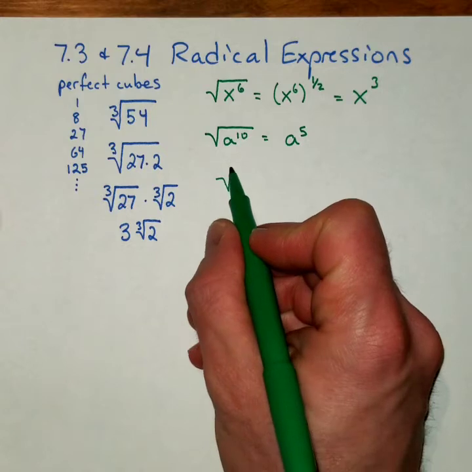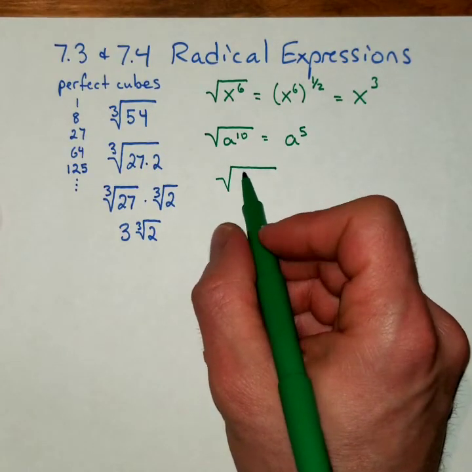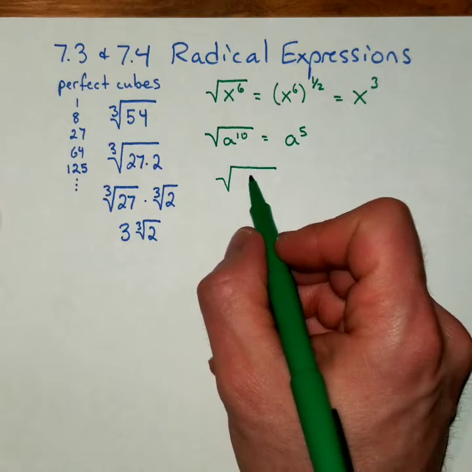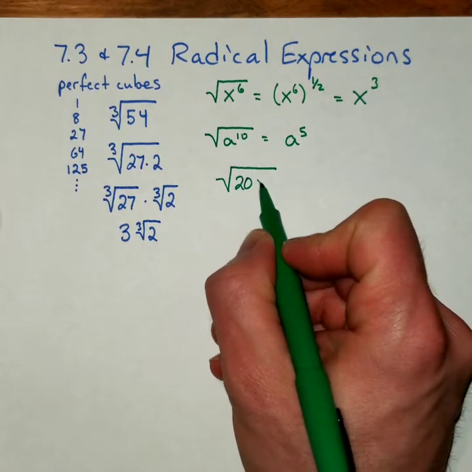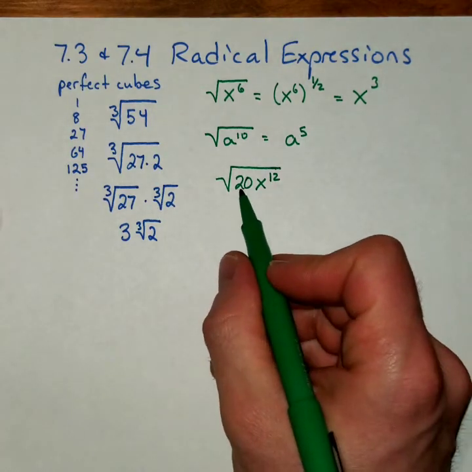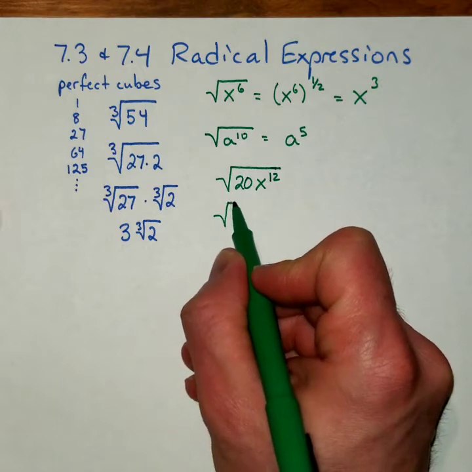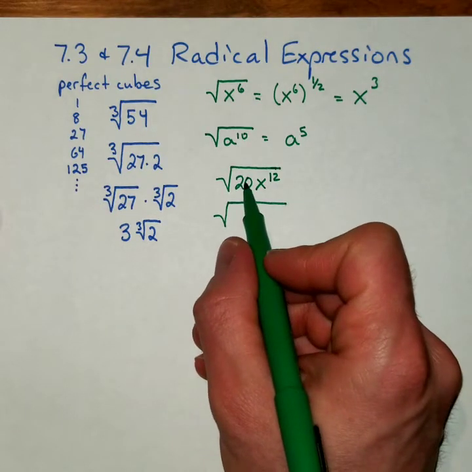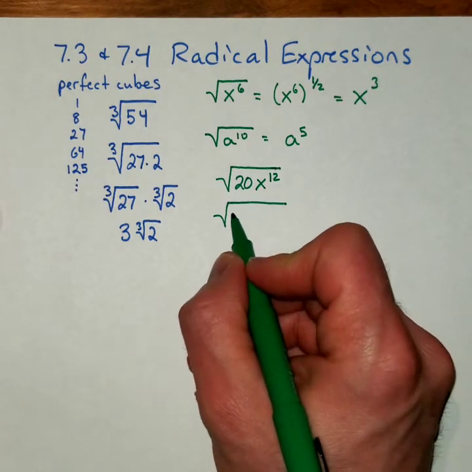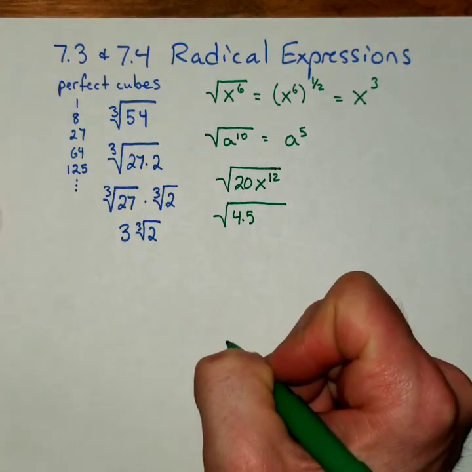The square root of, let's go with, what do I want to go with? Maybe 20x to the 12th. Well, this one I'll run vertically. You're going to take the square root and split it up. I'm sorry, you're going to take the 20 and split it up into 4 and 5, because 4 is a perfect square factor.